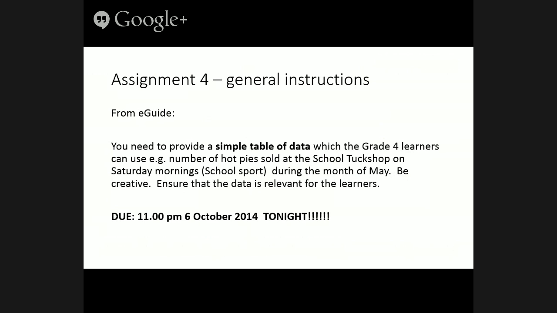So you need to make up, maybe there's a match, 2 matches on a specific Saturday, and on the next Saturday less. So obviously the graph would represent that, and then you're ensuing on questions for the learners in terms of that. And once again, that one is due tonight, and we have covered quite a number of those in your last tutorial. So good luck with that one tonight.